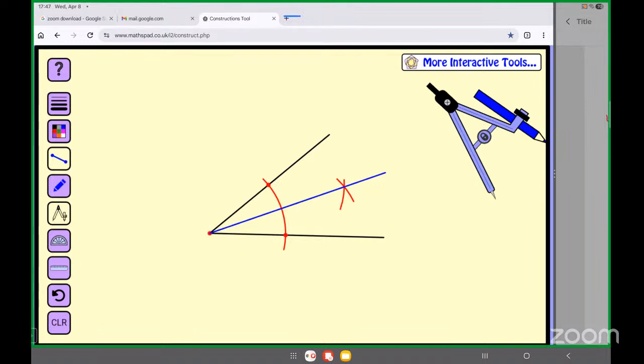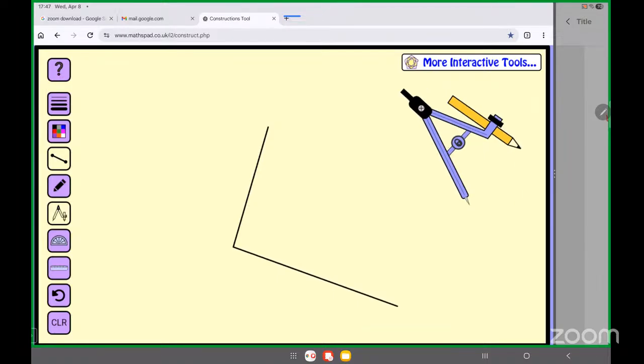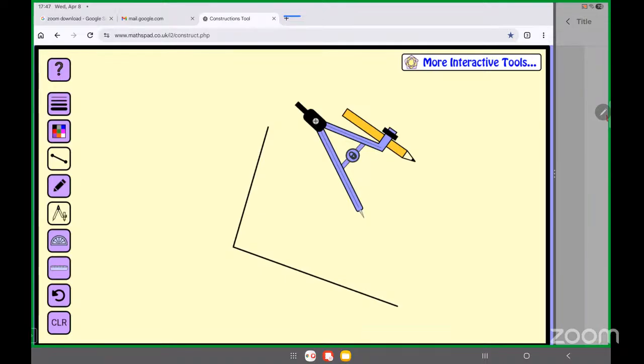All right. Let's do it one more time. So again, I'm going to draw an angle, maybe a little bit wider. Maybe like a line down here and a line down here. Let's make it wider. Again, you have to make an arc of that angle that we want to bisect.